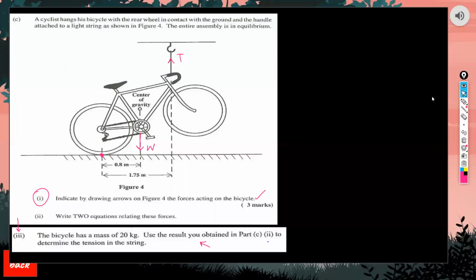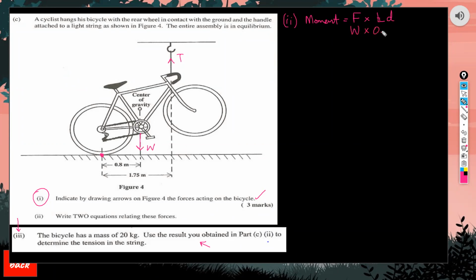For part 2, this is all they wanted, remember. It has two forces, right? Remember, a moment is what? Force multiplied by the perpendicular distance. So for part 2, the two equations are this. This force is W, and the distance from the pivot is 0.8. So it's W multiplied by 0.8.